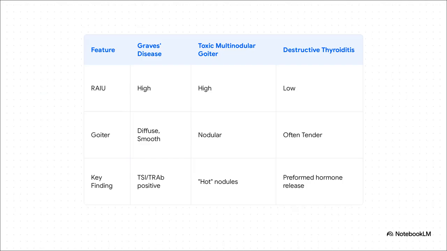And this table just lays it out so perfectly. You can see in the high uptake camp you've got Graves' disease, with its classic stimulating antibodies, and toxic multinodular goiter. Then, in the low uptake camp, the classic example is destructive thyroiditis, where the gland is inflamed and just dumping out pre-made hormone. See how the RAIU is the test that really splits the differential wide open?